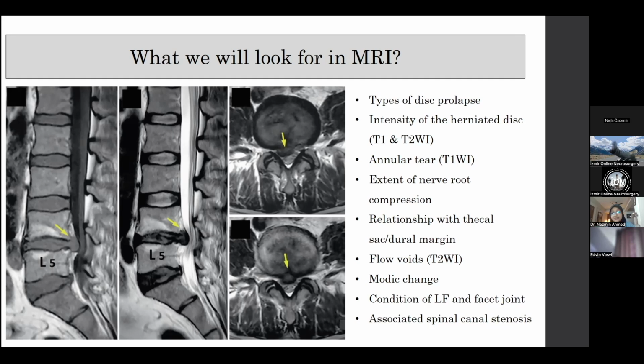There may be presence of flow voids, which can give us a clue about an alternative diagnosis. In association, we assess Modic change, condition of the ligamentum flavum, facet joint, and associated spinal canal stenosis. All of these features are important for accurate preoperative diagnosis and planning.